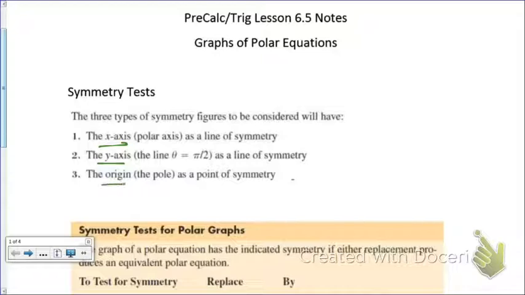And then the origin is, they call it point symmetry, and it's going around the origin, which is a point itself. Basically, if you can take a graph and rotate it 180 degrees and it's still the same picture, then it's going to have symmetry about the origin. And I have some pictures of that at the bottom of the page.